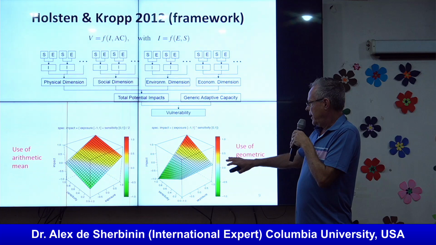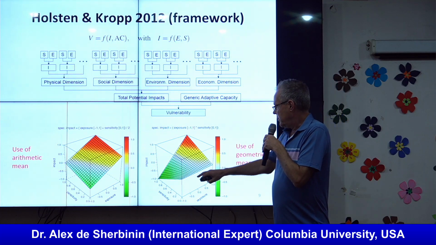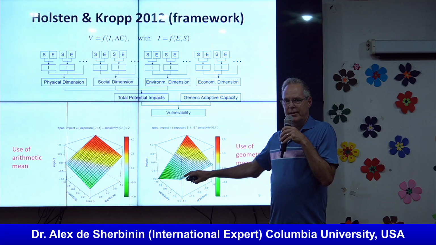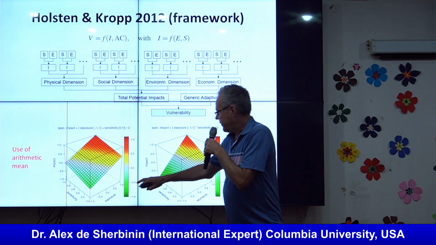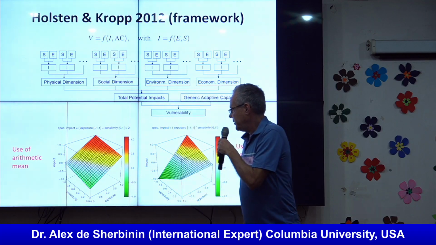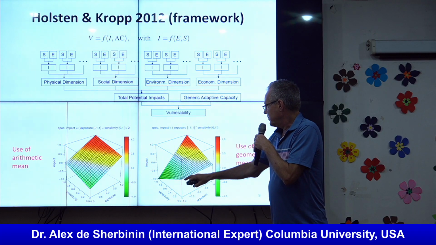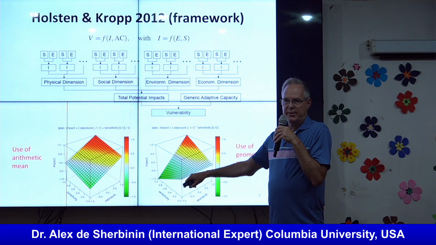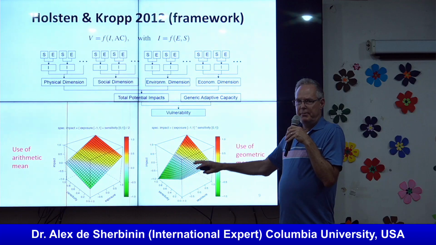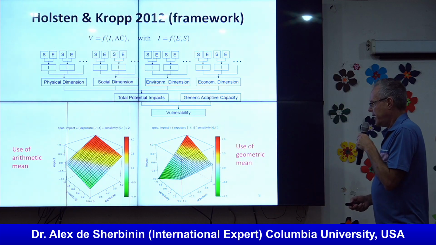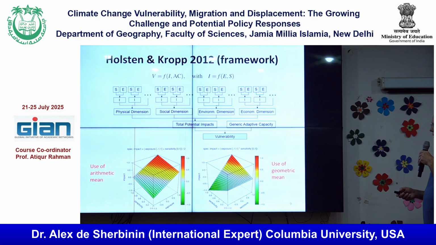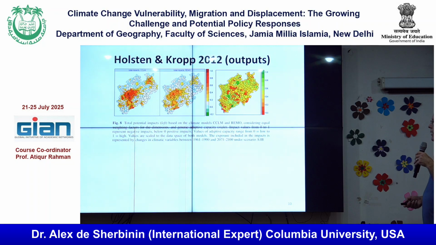And you'll see that you get fewer low impact values, okay? The lowest impact value here is something like negative 0.5. Here it's like maybe negative 0.25, or maybe even 0. So we'll explain in a bit why the lower threshold for impact values is higher in a geometric mean.